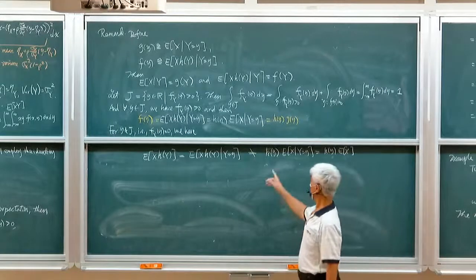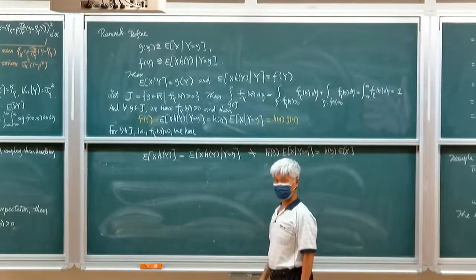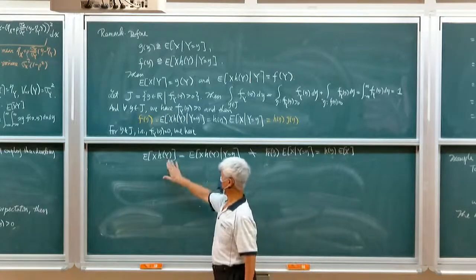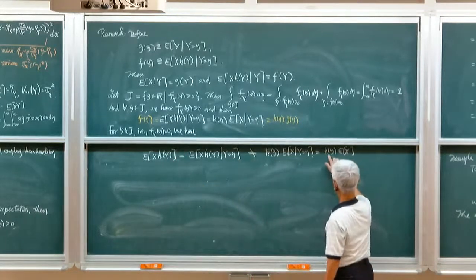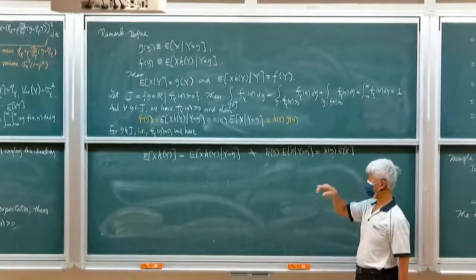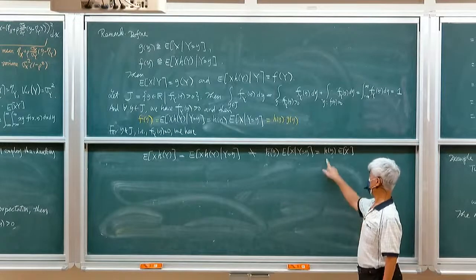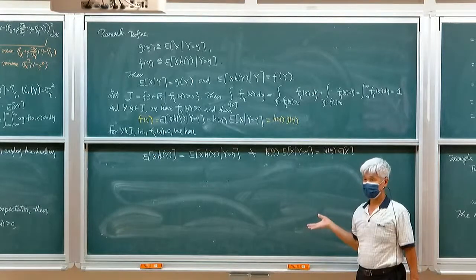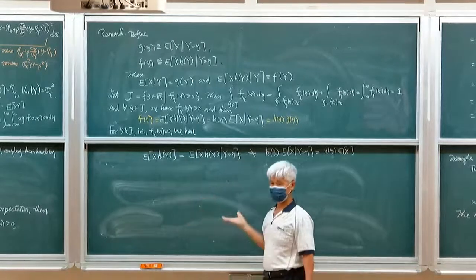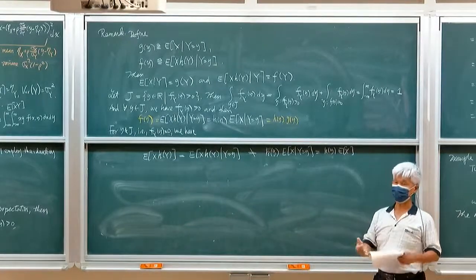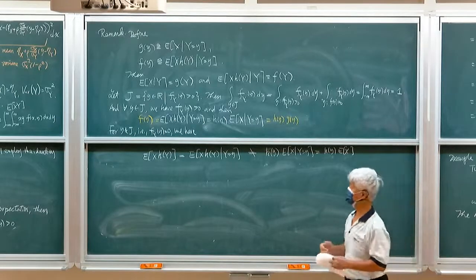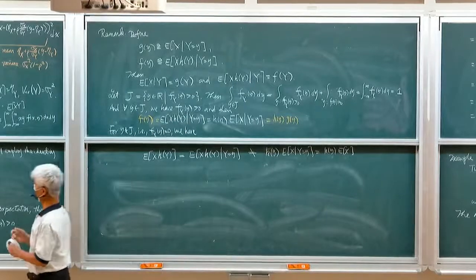So though they may not be equal, and quite often they are not equal. The reason is this is constant, but this is changing. It's a function of little y. So when y changes, unless it's a constant function equal to the ratio of these two expectations, but that is very special, because here h can be arbitrary.